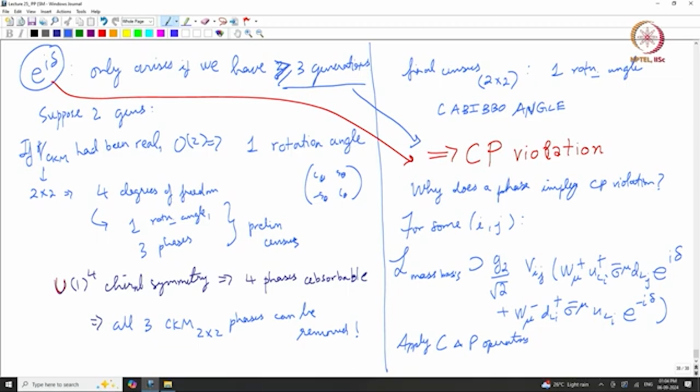So, for this you need to go look up what is a C operator and P operator also, but especially the C operator in quantum field theory. It is not the same as what we had when we did our quantum mechanics, when we used quantum states and so on, right. That is not what it is here, it is a little more subtle, which I will introduce in the next lecture. So, I will leave you here and see you in the next lecture.